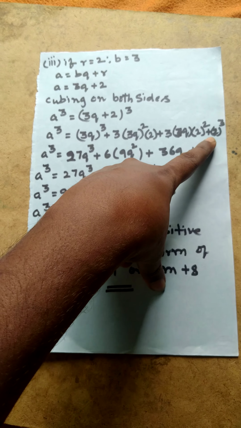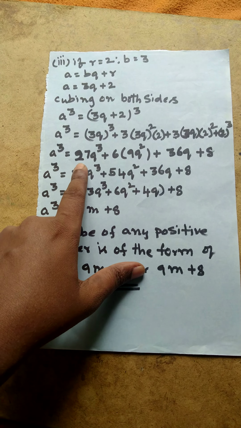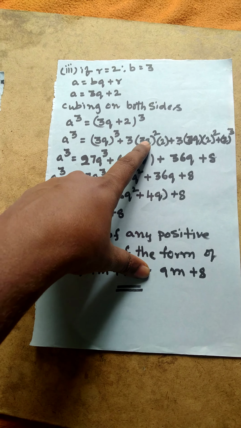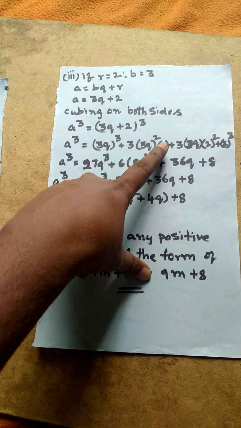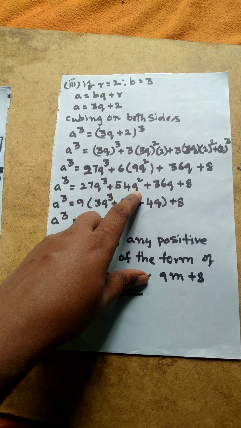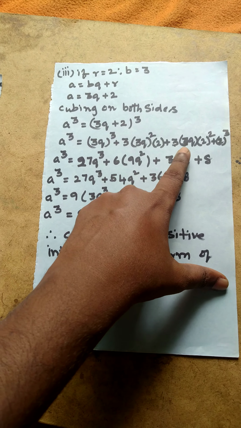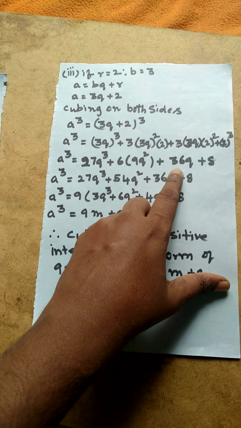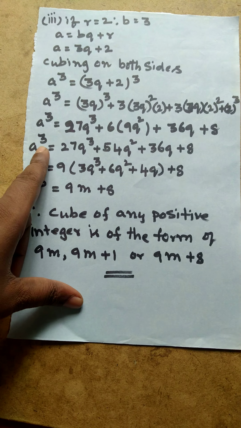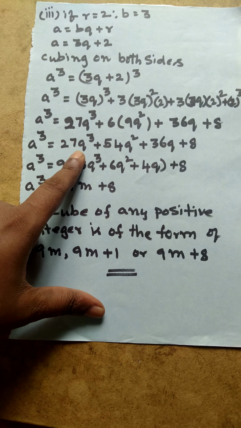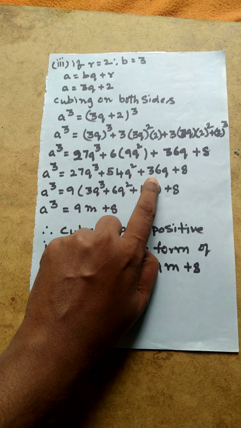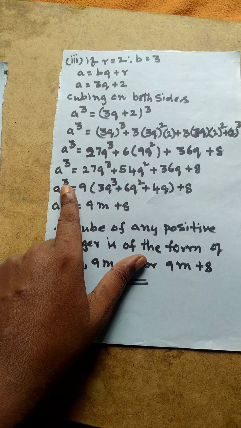On applying this formula, a cube equal to 3q whole cube, 27q cube, plus 3 times 3q whole square, 9, 9 threes are 27, 27 twos are 54, total 54q square, plus 3 threes are 9, 9 fours are 36q, plus 2 cube, 2 into 2 into 2, 8. On simplifying, a cube equal to 27q cube plus 54q square plus 36q plus 8.